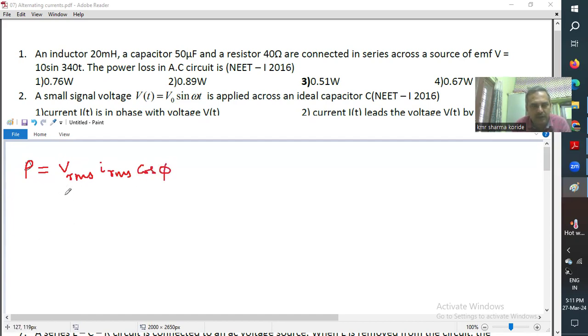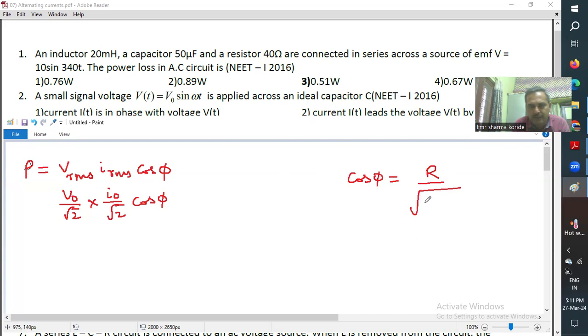Otherwise, this can also be written as V naught by root 2, because RMS is maximum by root 2, times I naught by root 2 with cos phi. Separately, cos phi can be expressed in terms of resistance divided by impedance.